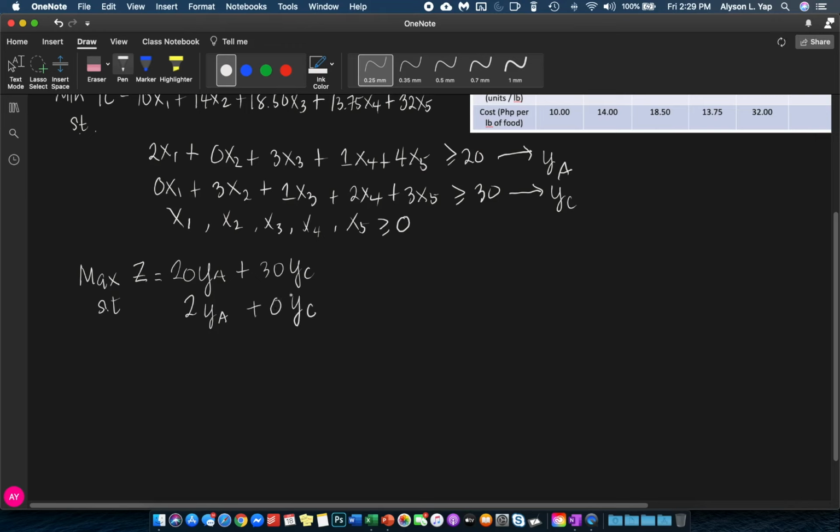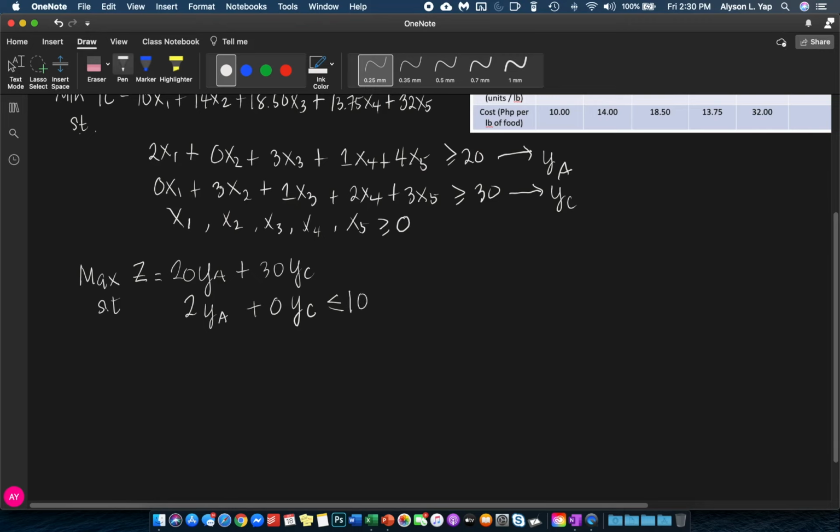And in this case, because this model is standard, what do we mean by standard? You have a minimization problem and all your constraints are greater than or equal to. That means your dual problem will also be standard. And because your dual problem is a maximization, then the inequality here will be less than or equal to. And the right hand side here, we will get the coefficient of your objective function, which is 10.